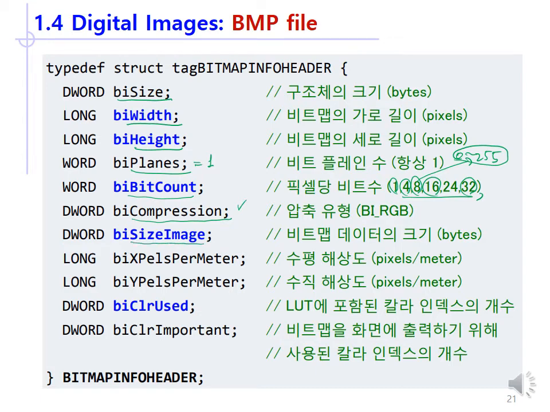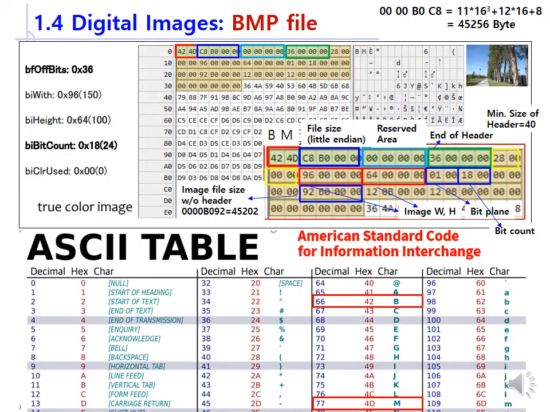And bitmap data, size of image, and this is horizontal resolution, and this is vertical resolution, and this is the LUT, color lookup table, something like that.